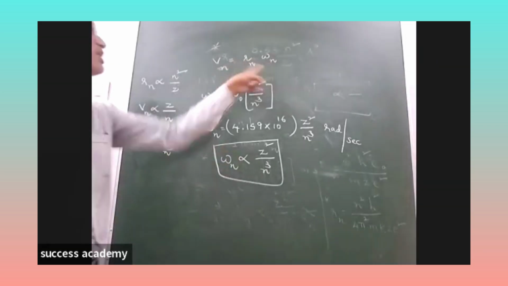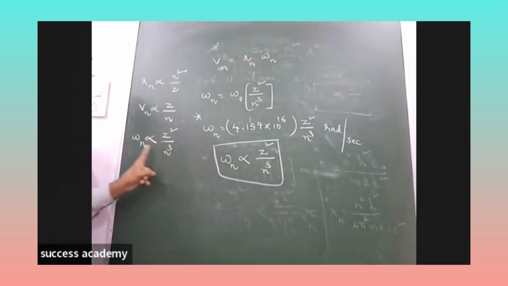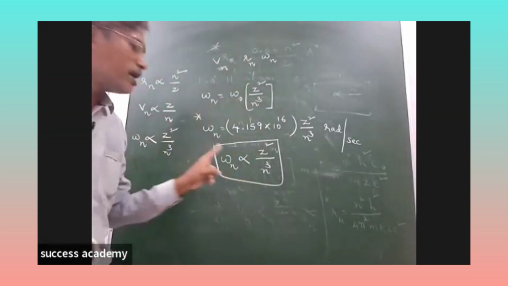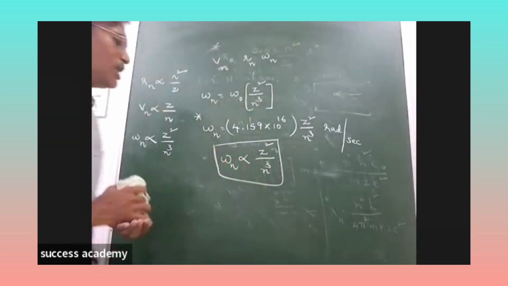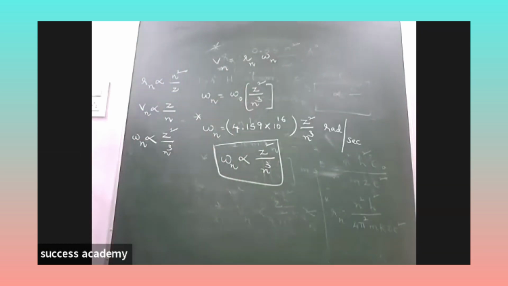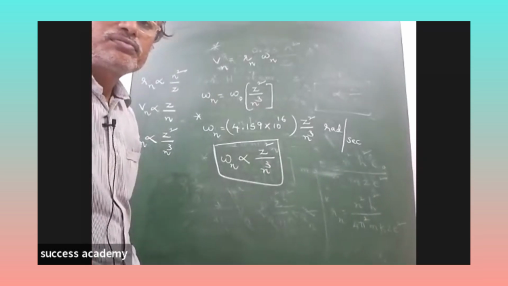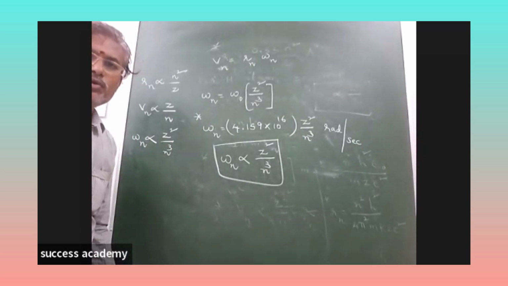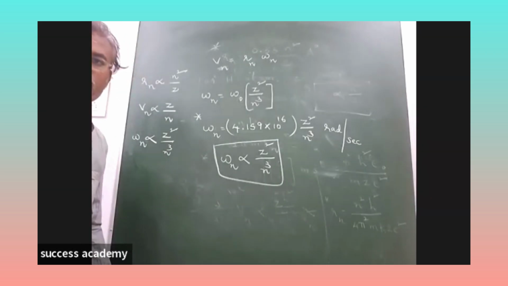Same if you consider omega n is equal to Vn by Rn: substitute the Vn value and the Rn value, and you will get Z square by n cube. Got it?